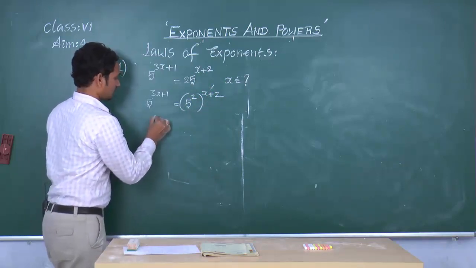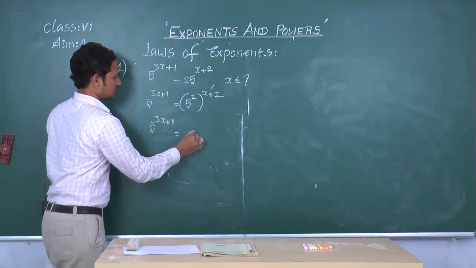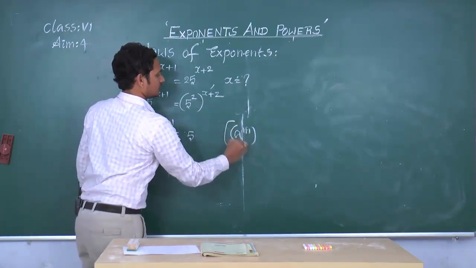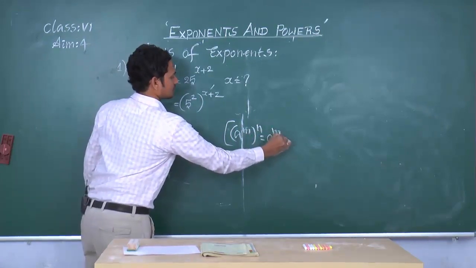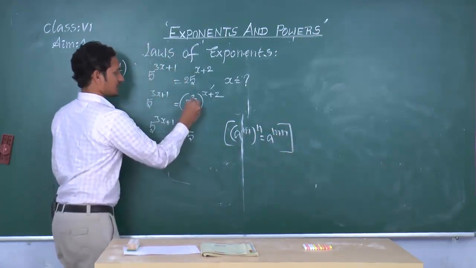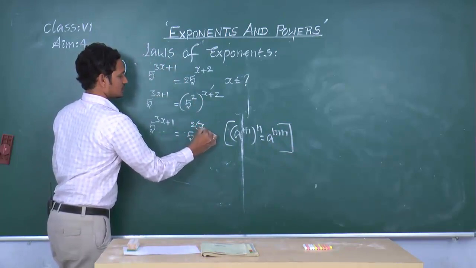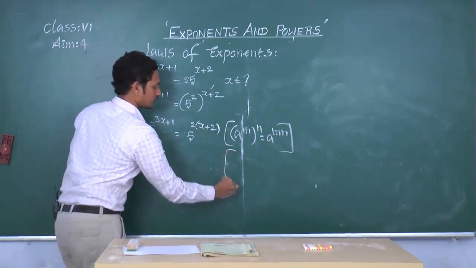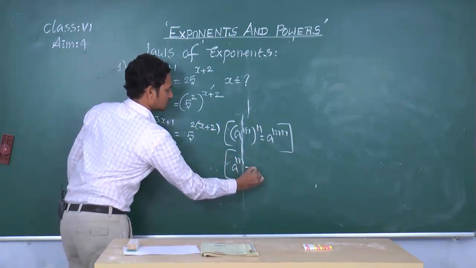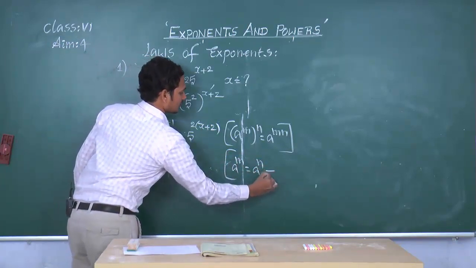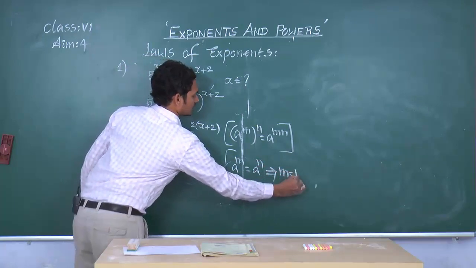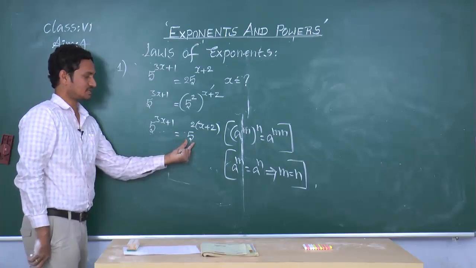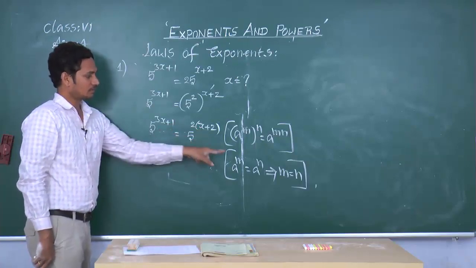Now 5 power 3x plus 1 equal to, since a power m whole power n we can write as a power mn, we can write it as 2 into x plus 2. Since we just learned one of the laws, a power m equal to a power n, then we can say m equal to n. Whenever you equate these two powers with the same base, then we can equate the powers.